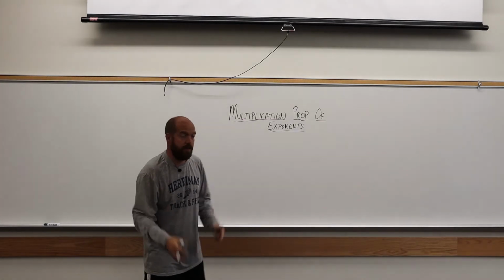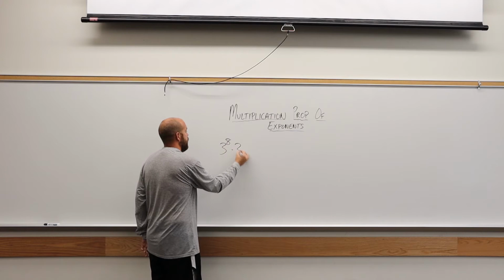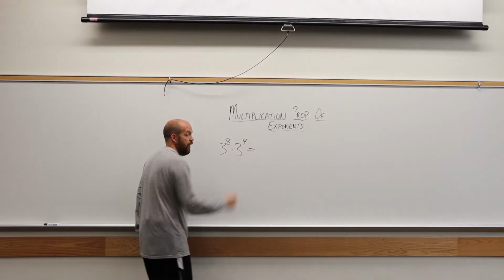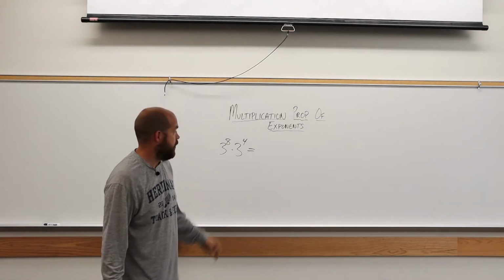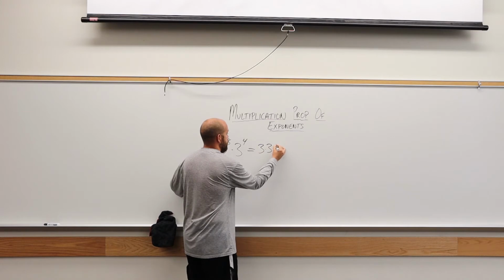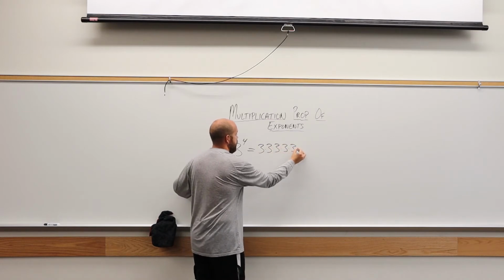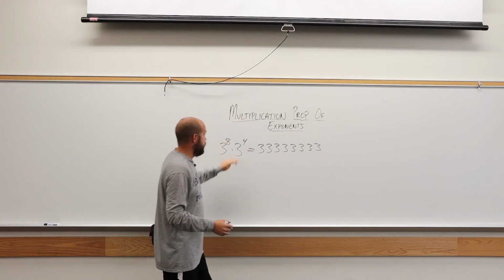So that being said, let's try a few different ones. If I've got 3 to the 8th power times 3 to the 4th power, what is that? Well, if I'm in middle school and I'm teaching you, this is 3 times 3 times 3 times 3 times 3 times 3 times 3 times 3, there's 8 of them, times 4 more.